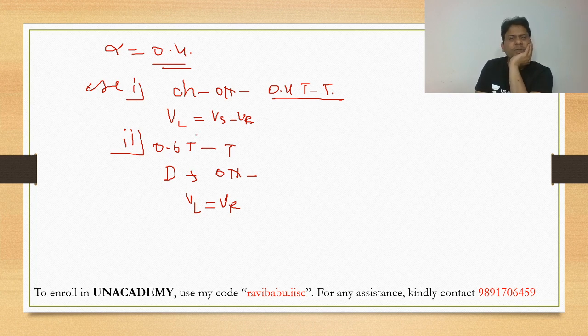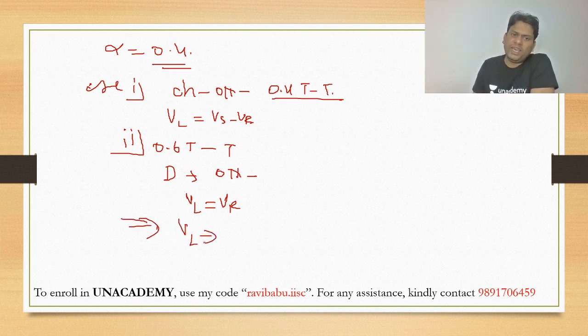Now you can satisfy the volt second criteria, and if the positive voltage of the inductor is equal to the negative voltage of the inductor, our current will be continuous. Okay, and please mind it, this is not a sufficient criteria. Also your VL should be continuous.